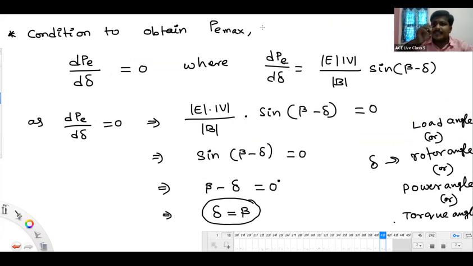We are going to neglect that. If you neglect that shunt element in the network, what elements do we have now? We have series resistance and series reactance. That's it. The whole network between the generator and infinite bus will be acting as a series impedance of R plus JX form. That I'm going to take.